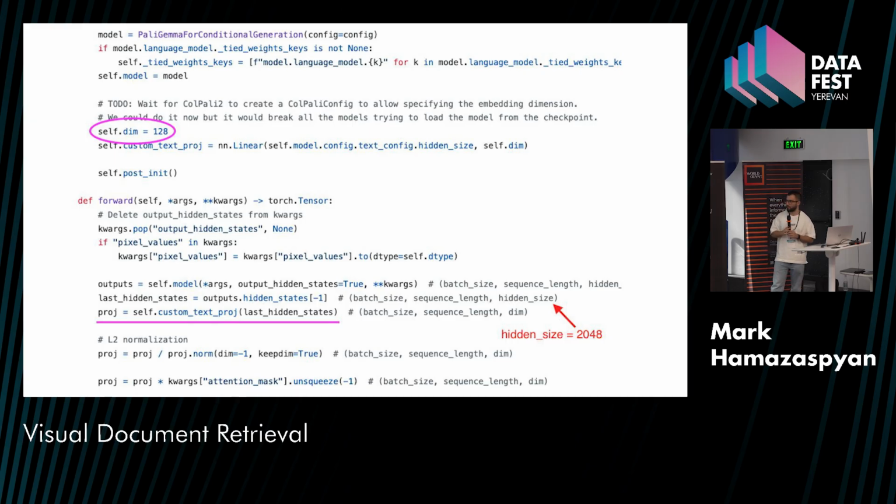So in the end, we'll have 1000 by 128. It is still higher than storing just one embedding with 2048, but because the performance of this late interaction model is much higher than just one embedding, this is at least some workaround in order to save space.